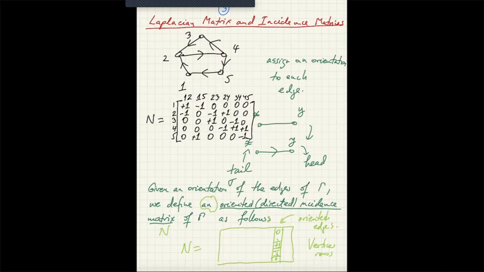And also, it's easy to see that you will have 2 to the power the number of edges orientations of a graph gamma, because every edge you can orient it in two ways. So you have many incidence matrices. Okay, but they will all have very interesting properties. So let's go discuss those properties.